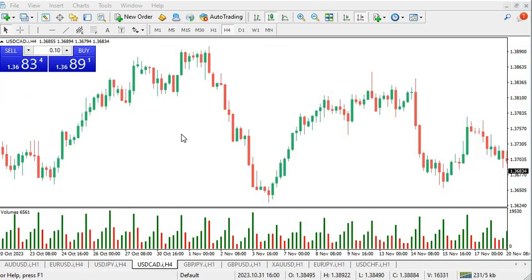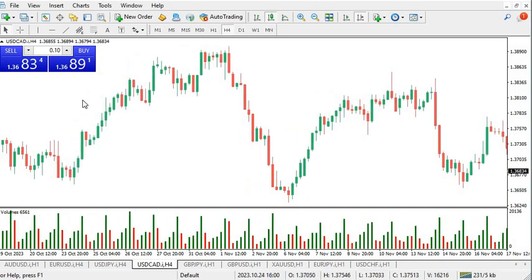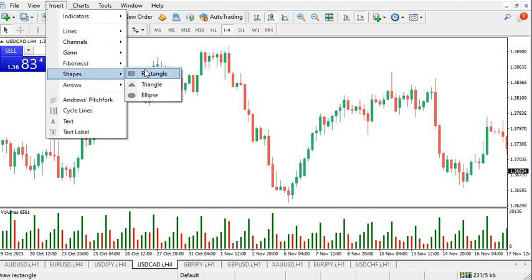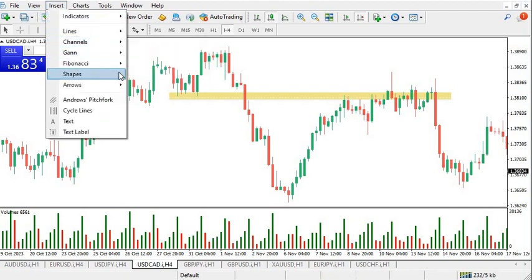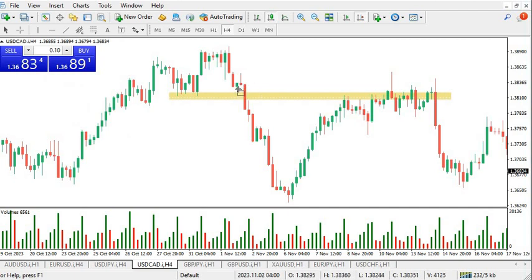So here is another pair, USD CAD, and I'm showing you the example of the second characteristic of tradable order blocks. As we can see, this was a previous support area which turned into resistance, which is a flip zone. Support became resistance, and here we can see this one is the order block which is near the flip zone.